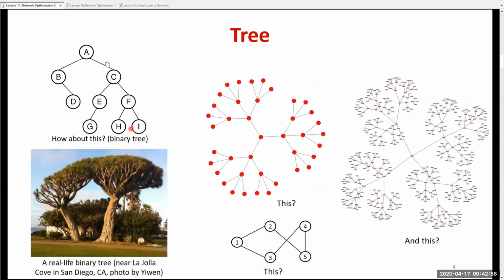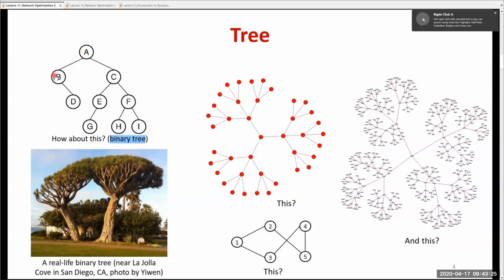For example, this is a tree. And for this type of tree, we have a special name called a binary tree. Have you heard about it in any computer science classes? This is mostly used in computer science, a binary tree, which is yes or no, or 0, 1. Computer theory is made up of this kind of binary decisions.